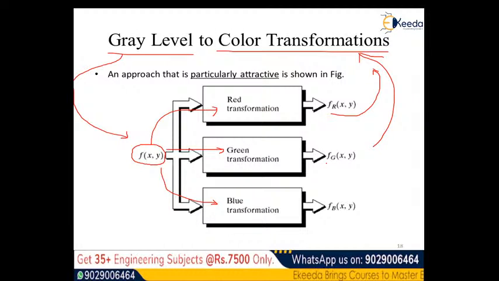Then for green, you have the suffix of capital G to f, and for the blue you can denote it by f suffix capital B. In the parenthesis you can have x comma y. So this is the general, basic diagram for gray level to color transformation. We shall definitely discuss in detail.